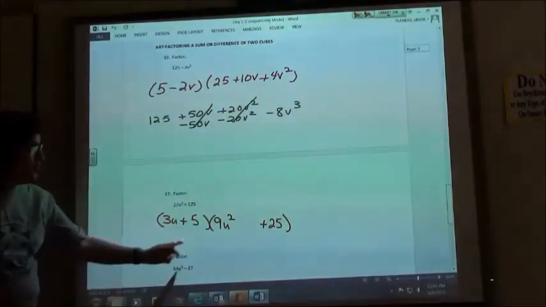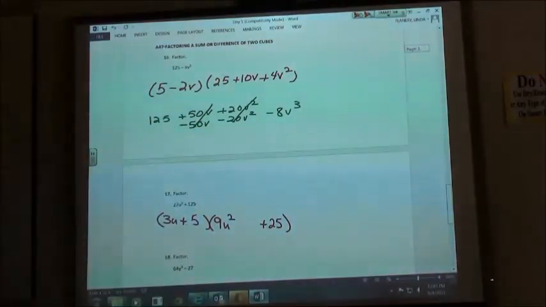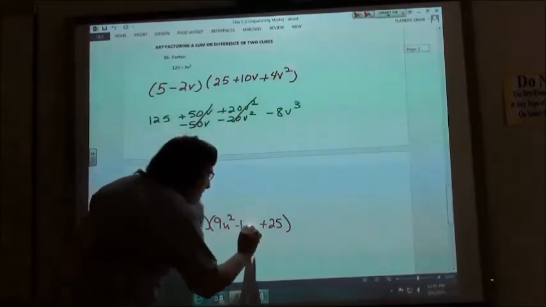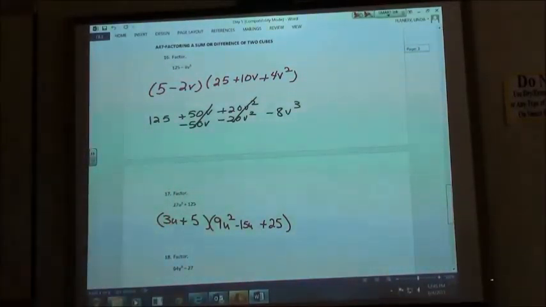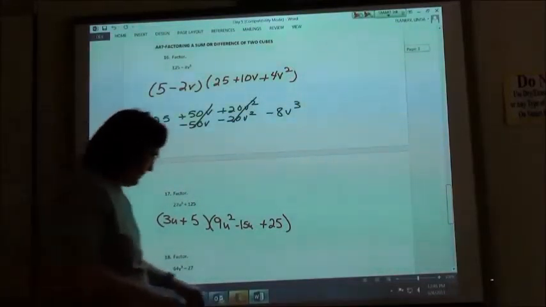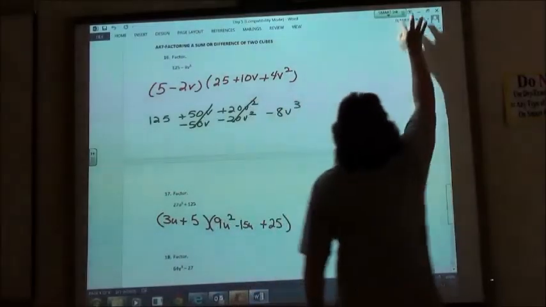So square the first one, square the last one. My middle term will be negative 15u, the opposite of whatever that product is. So the product would be 15u, so I'm going to put negative 15u in the middle.